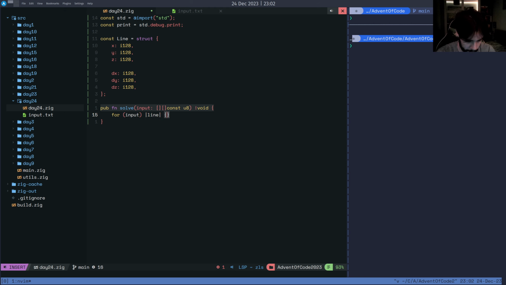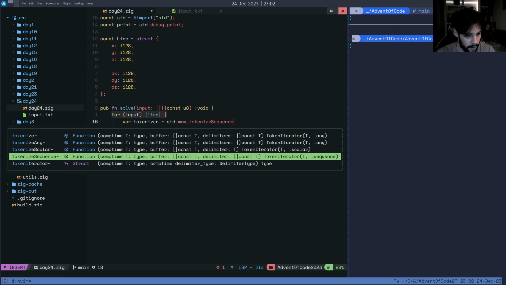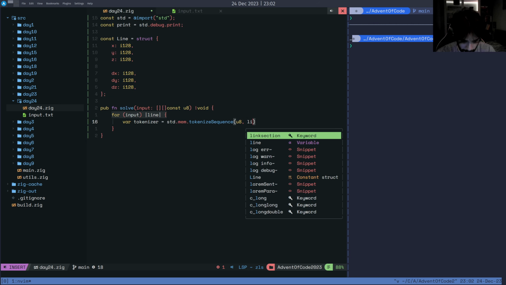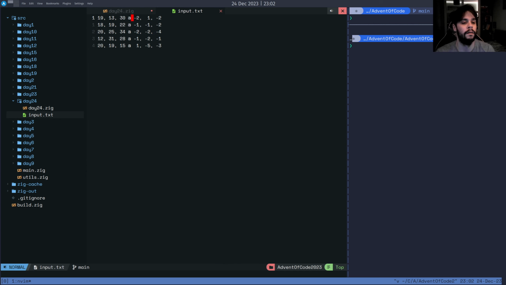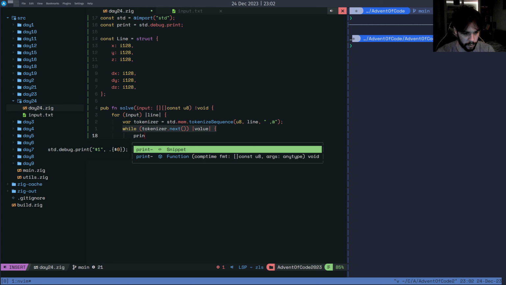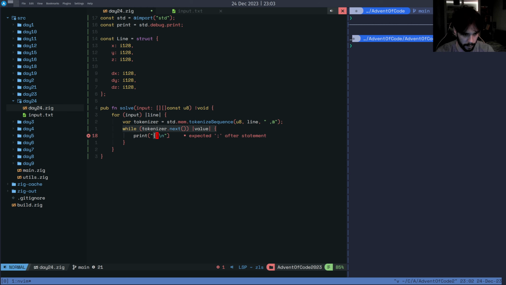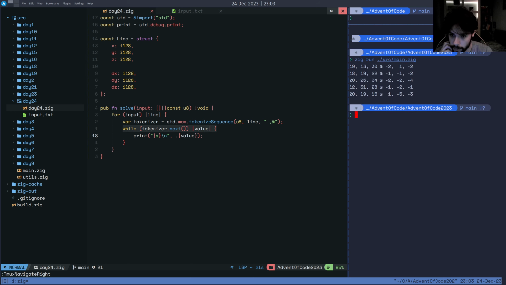So for inputs, line: tokenizer equals std.mem.tokenizeSequence u8, the line, and spaces, commas, and adds. While tokenizer.next, value. Let's just print it to make sure that we are dealing with the correct thing.